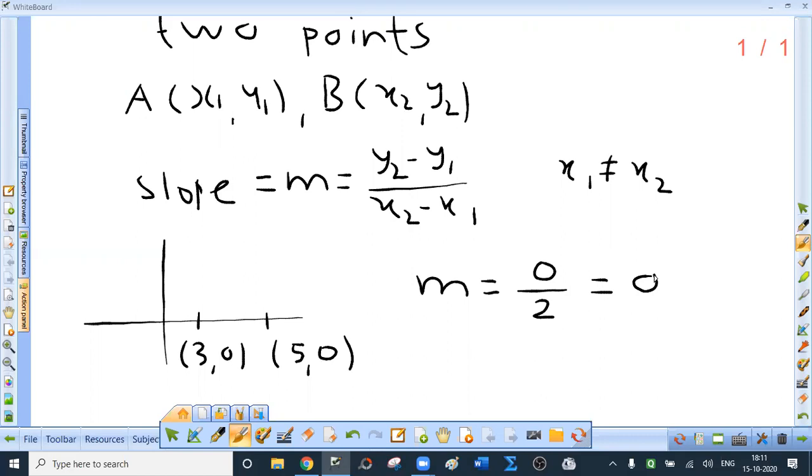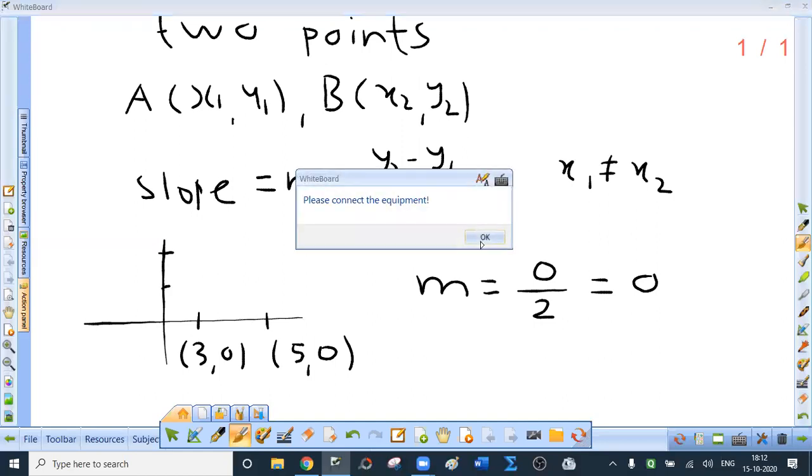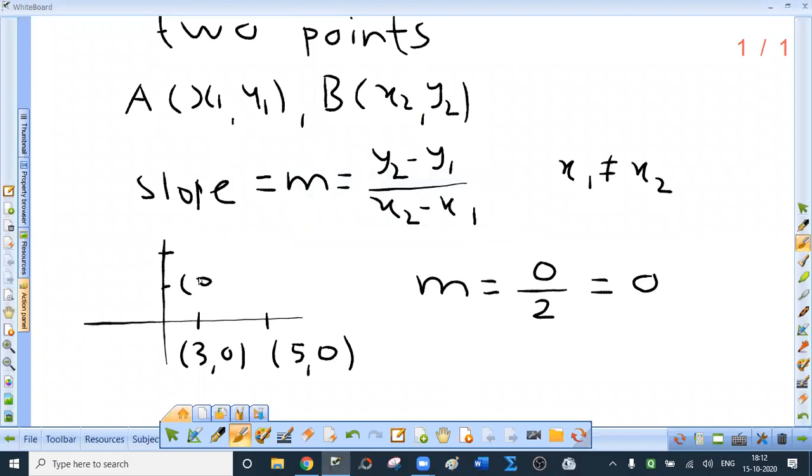We have already obtained the slope of the x-axis. How? Slope is nothing but the tangent of its inclination. The inclination of the x-axis is 0 degrees. Slope is tan 0, which is 0. Let us consider any 2 points on the y-axis. Suppose this point is 0, 3 and this point is 0, 4.